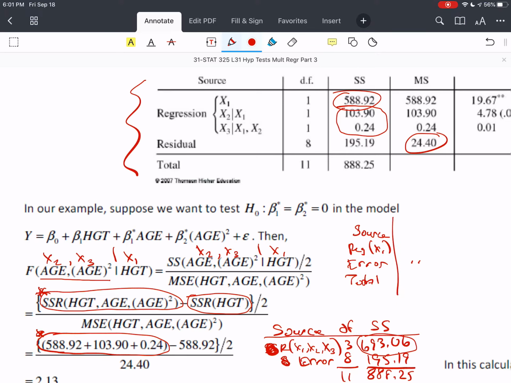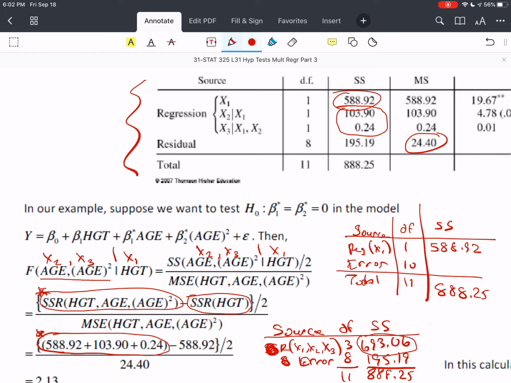and here regression I'd have 1 degree of freedom, here I'd have 11, and so here for the error I'd have the difference, which is 10, okay? And then for SS, I would have 588.92, and then this is still 888.25, and so the difference between those two, 888.25 minus 588.92, and that's how the computer calculates it, by the way.